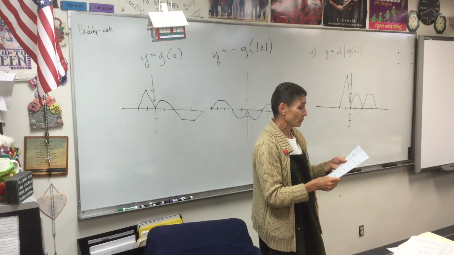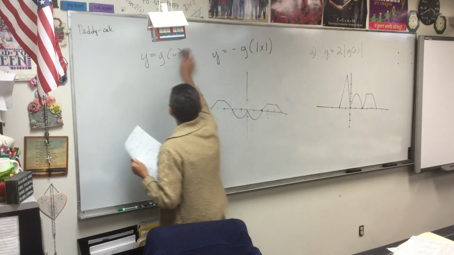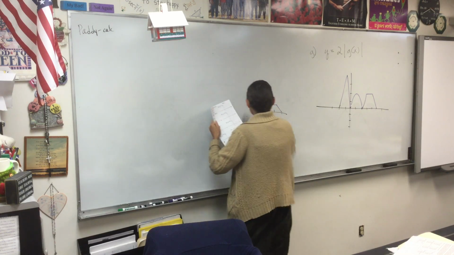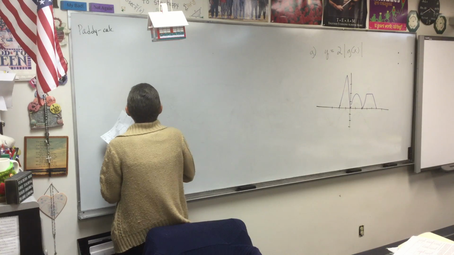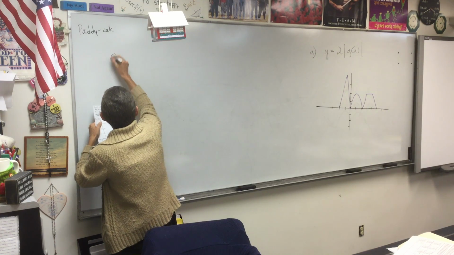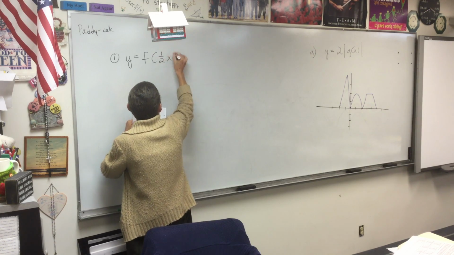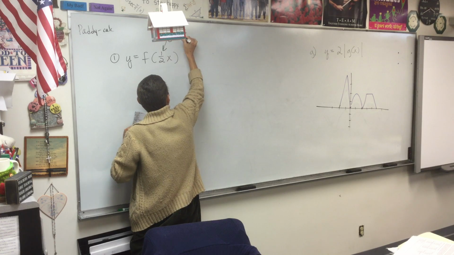So let's talk through them. Problem number 1. Tell me how it's going to change from the original. The width. Which way is the width going to go? Bigger. Remember, this number divides the width.